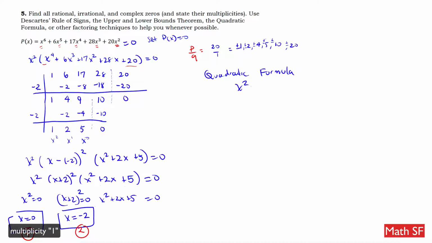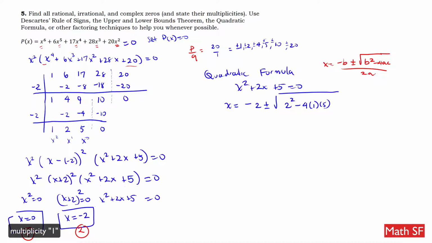So x squared plus 2x plus 5 equals 0. Let's remember what the quadratic formula was. x equals negative b plus or minus the square root of b squared minus 4ac, all over 2a. So it will be negative b, which is negative 2, plus or minus the square root of 2 squared minus 4 times a times c, which is 1 times 5, all over 2a, which is 2 times 1.